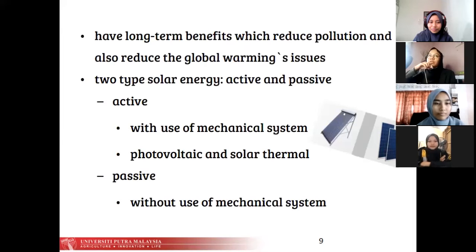Okay, we also know that solar energy has long-term benefits which reduce pollution and also reduce the global warming issue.